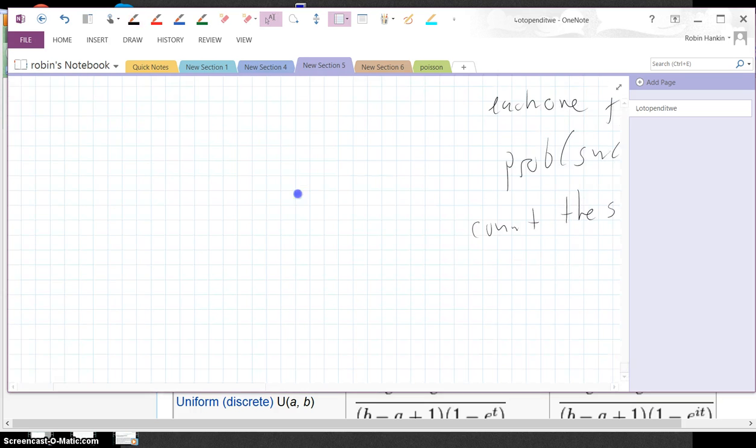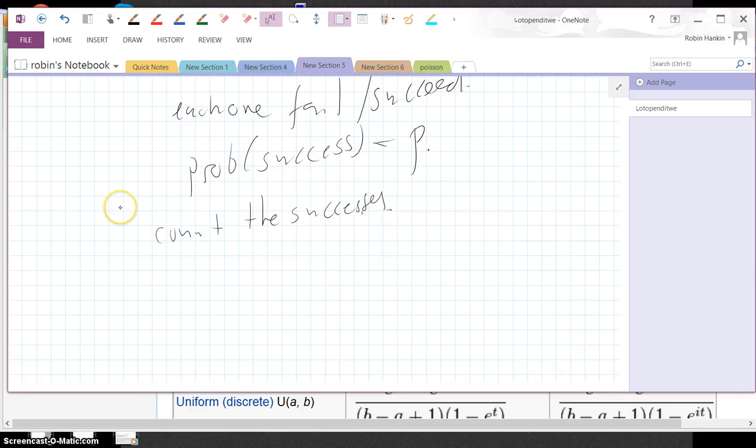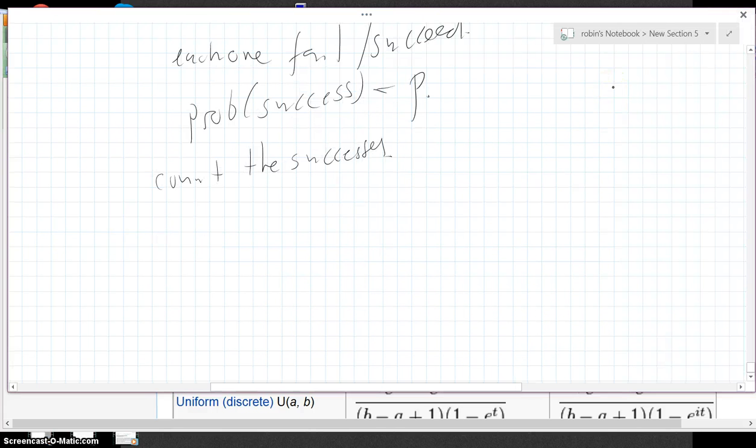This is quite elementary stuff here. We've done this dozens of times before. And we're going to call the number of successes r.